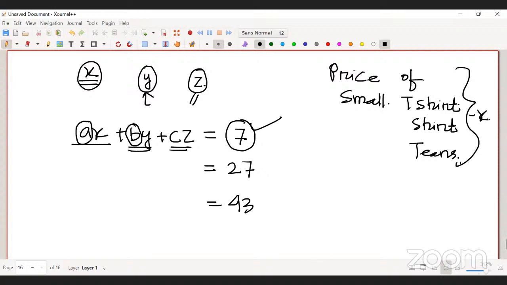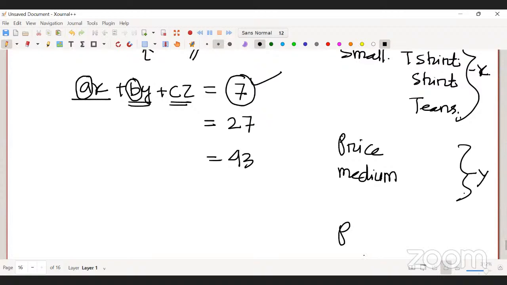How many small t-shirts did the shopkeeper sell? Yes, sir. He sold one small, one medium, and two large size. One small, right? So price of small, similarly price of medium, the same thing. Price of medium t-shirt, shirt, and jeans, you denote it as Y. And price of large, you denote it as Z, right?